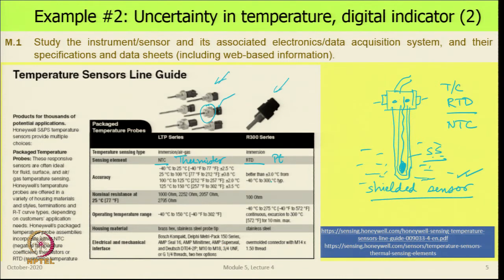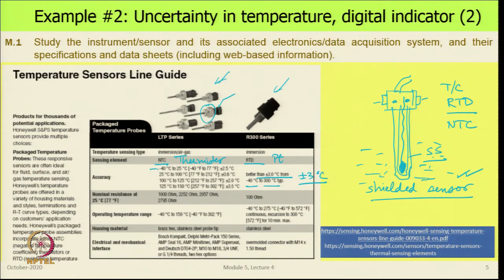For the RTD it says that the accuracy is better than plus minus 3 degrees Celsius from minus 40 to plus 300 degrees Celsius. So, over this range, accuracy of this is plus minus 3 degrees Celsius. For the thermistor, it is a little more involved, as you can see here.